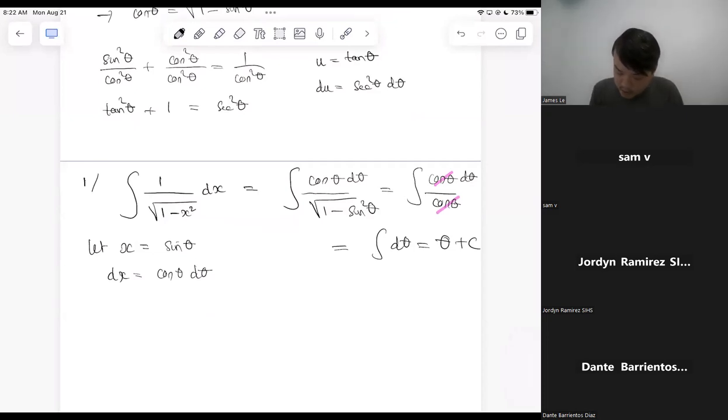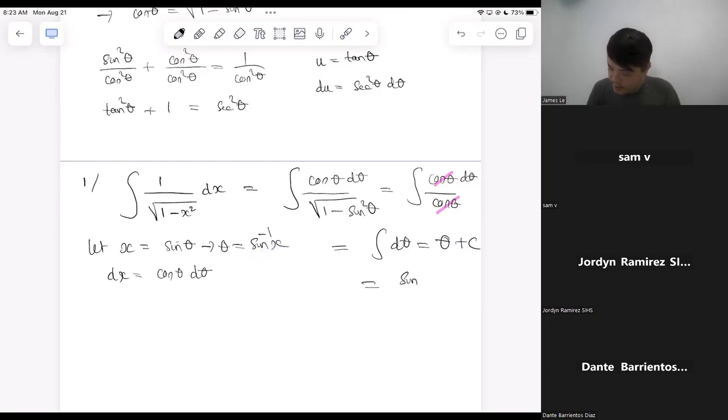And also because you have x equals sine theta, theta is going to be equal to sine inverse of x. So in the integral you replace theta by sine inverse of x.